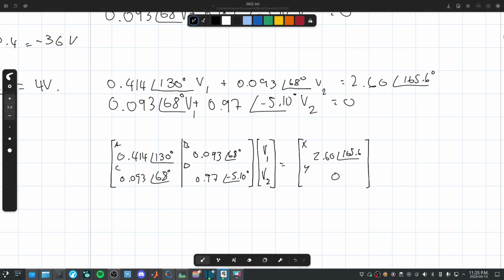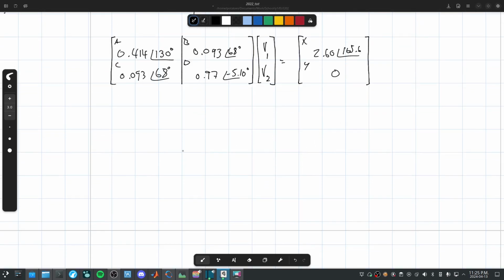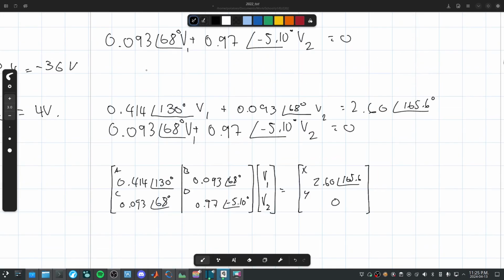And now we do Cramer's rule. So for those who slept through class, let's actually note this down here. This is voltage 1, and this is voltage 2.